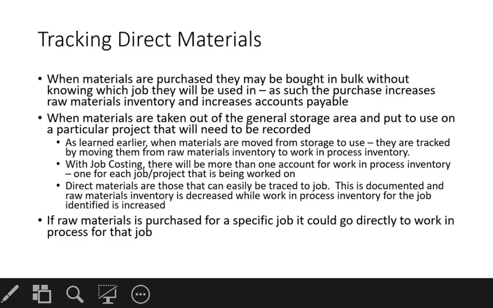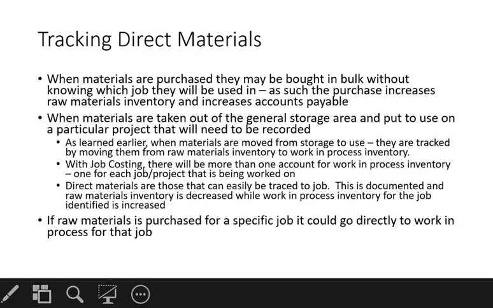Now, some raw materials may be purchased that are so unique to that particular job that they don't go to the warehouse, but go directly to the job site. So maybe you can skip a step.